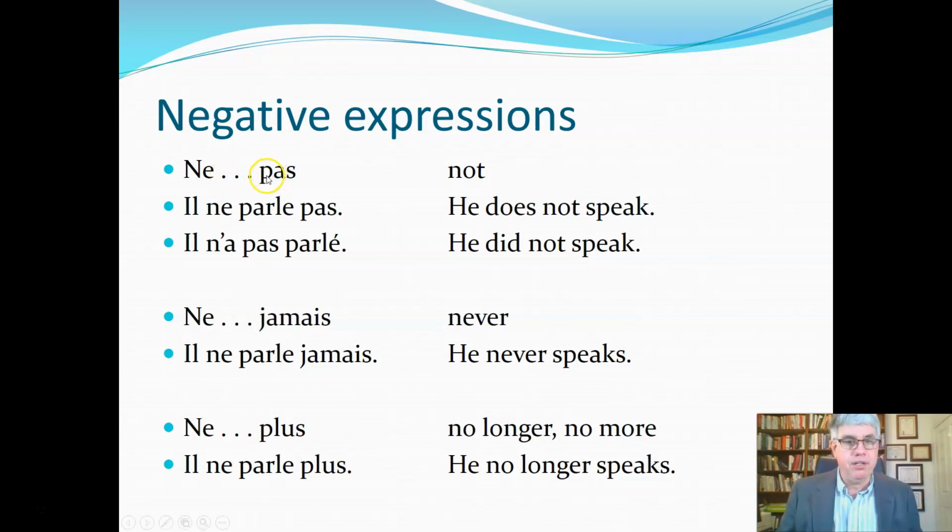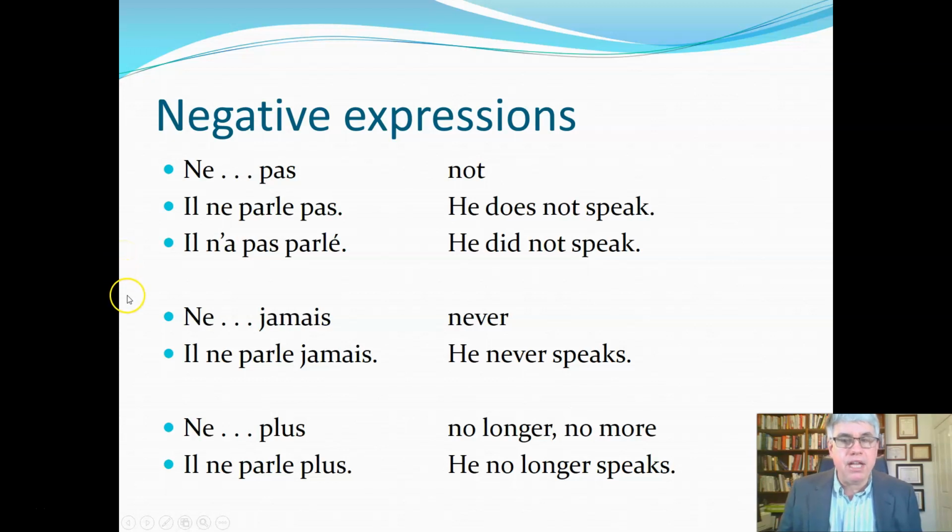So if there's a definite article before the pas, it's going to mean a step rather than part of a negative expression. And the ne pas goes around the conjugated verb. Il ne parle pas. He does not speak. In the passé composé, it'll go around the helping verb. Il n'a pas parlé. He did not speak.